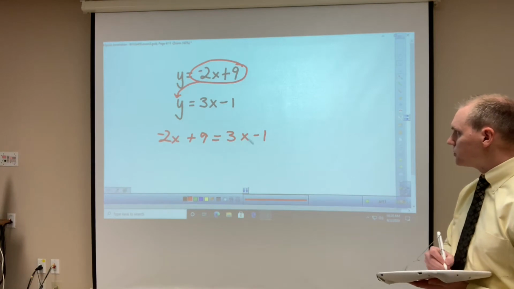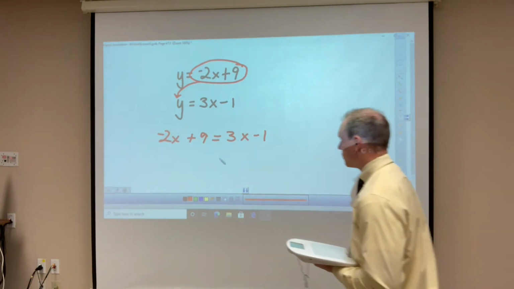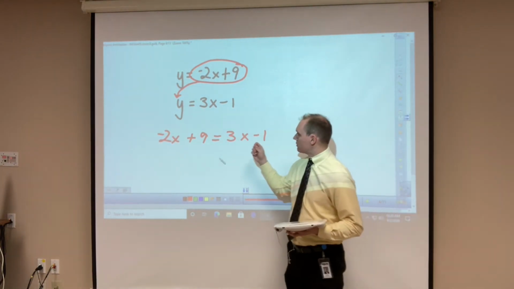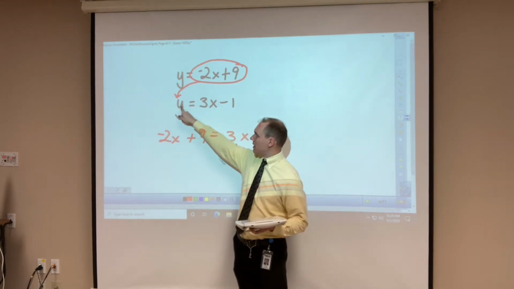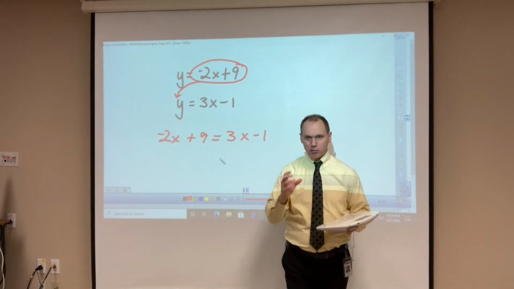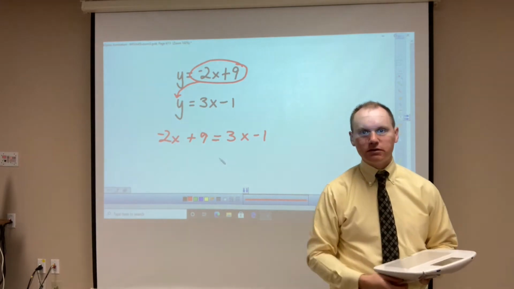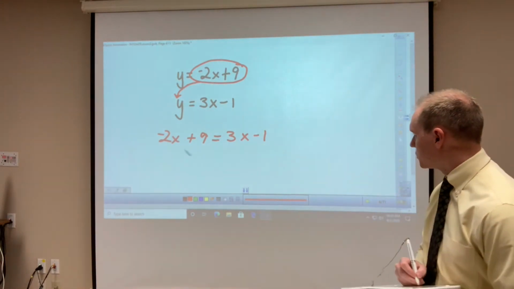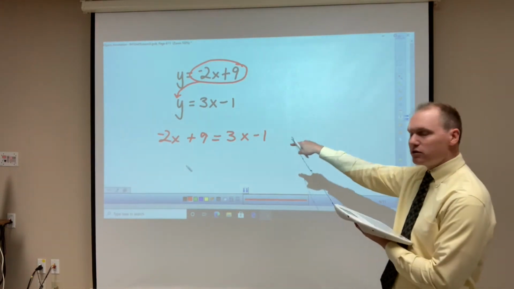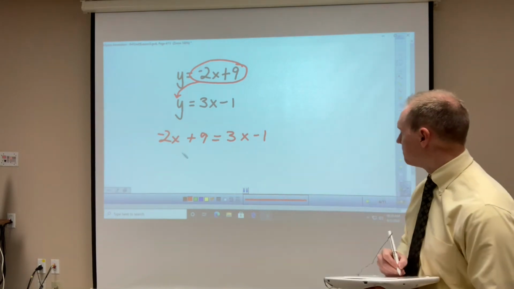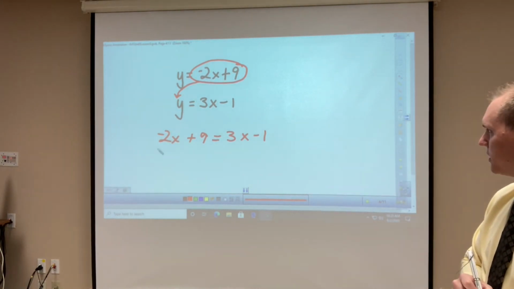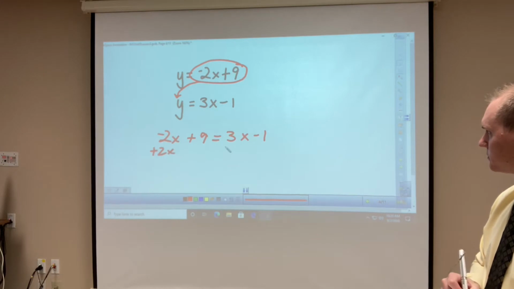So now we can actually solve this. Again, what are we solving for? We're solving for the x and y coordinates, right? Remember, the point that satisfies this system. Right now we're solving for x because that's the only variable we have in our equation. So let's go ahead and add 2x to both sides.